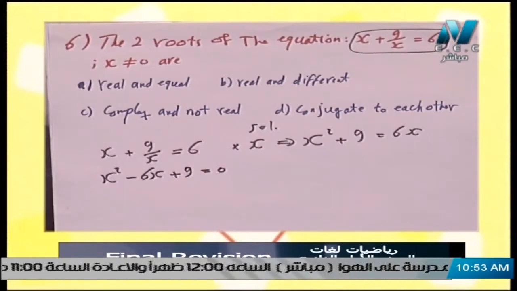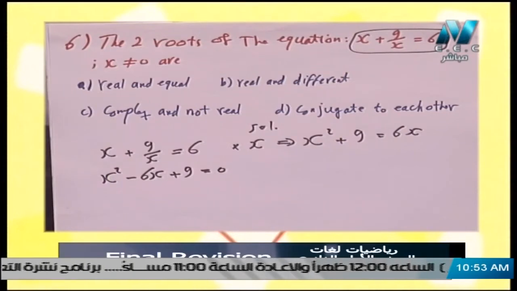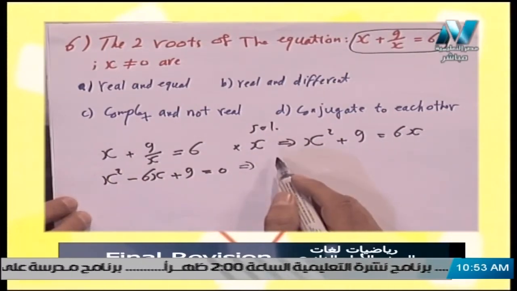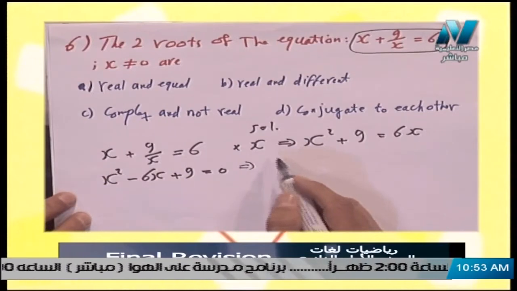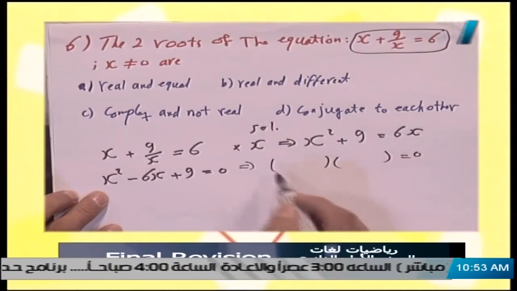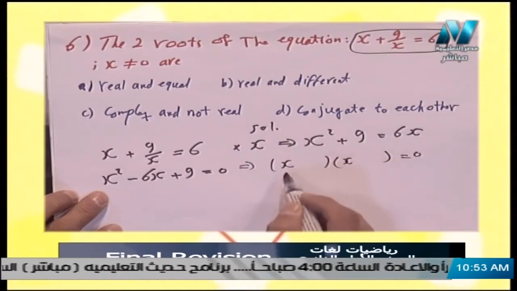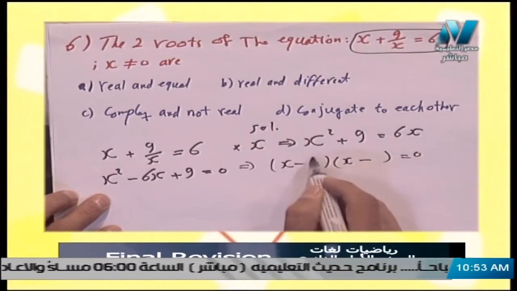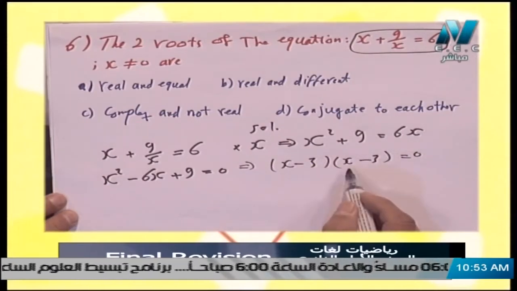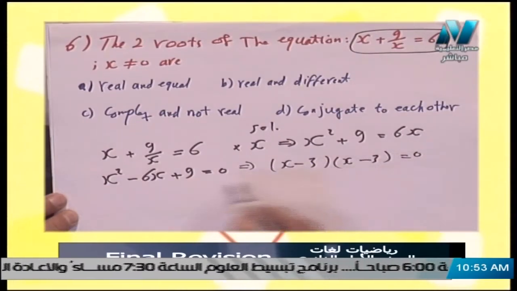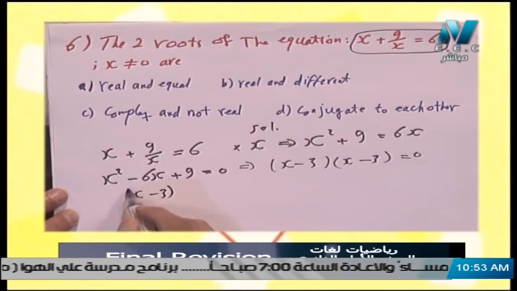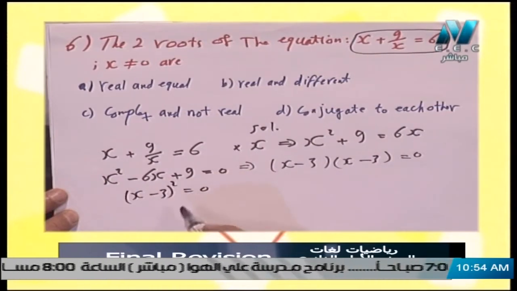Okay, by factoring this equation, then we will have two brackets here equal 0. We have x and x, negative and negative, 3 and 3. Okay, so we have the two roots are equal. x minus 3 can be put here, power 2 equals 0.